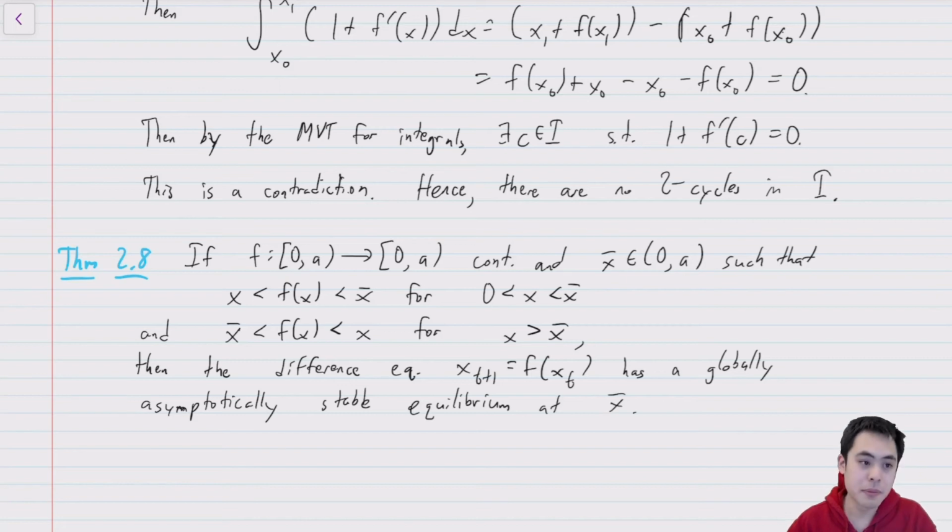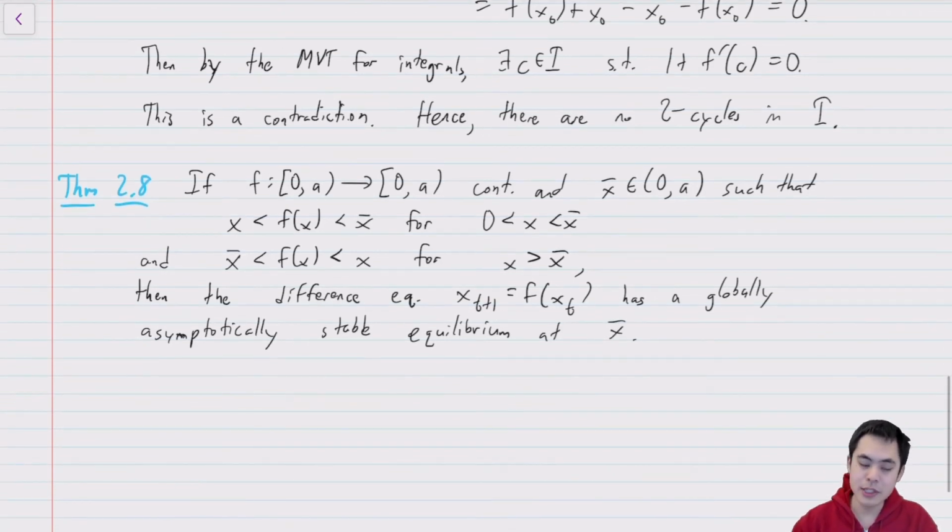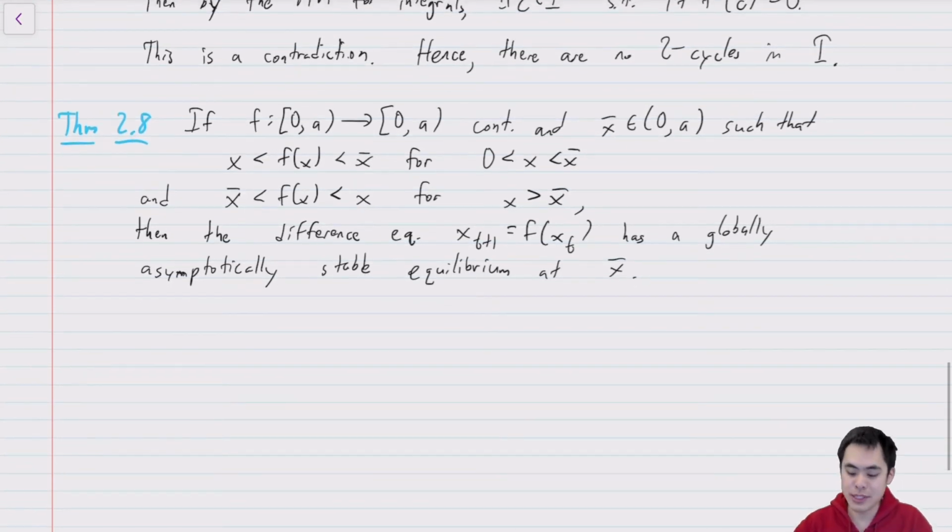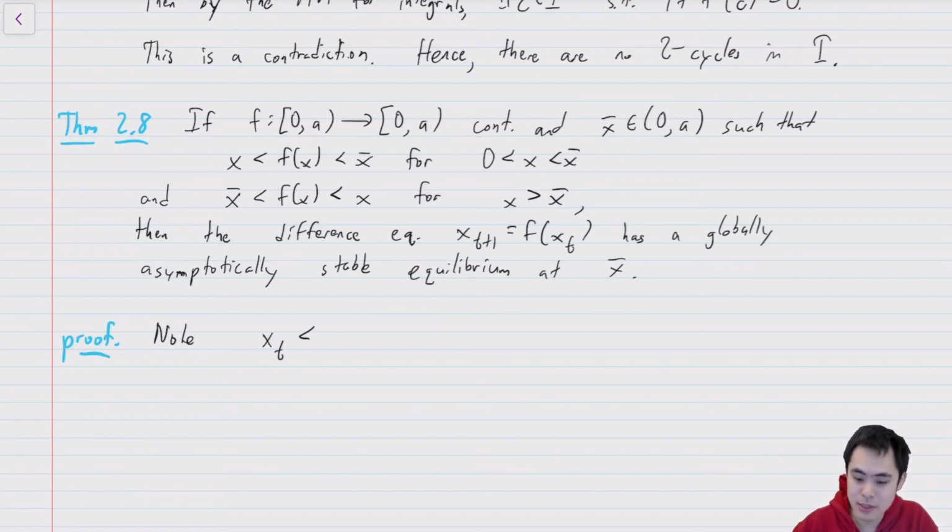And the proof of this will be very similar to the proof of 2.6 a little bit ago. Basically, you just take these sequences and limit. So first thing to note is x sub t is less than x sub t plus 1, which is equal to f of x sub t, which is less than x bar for x sub t less than x bar.